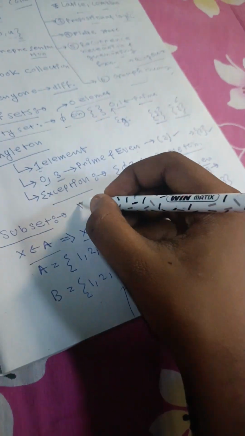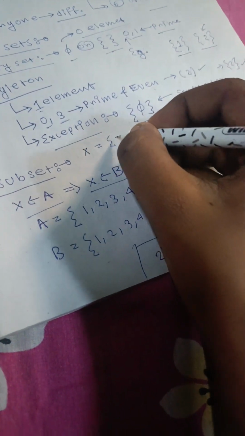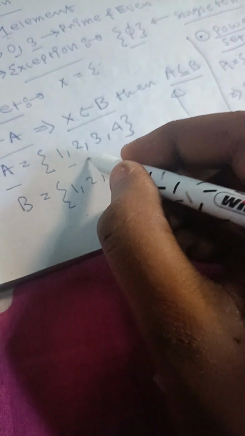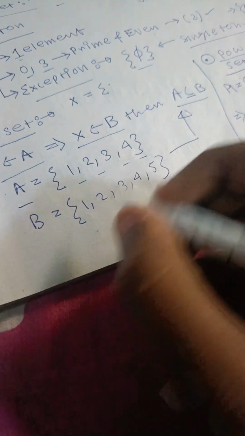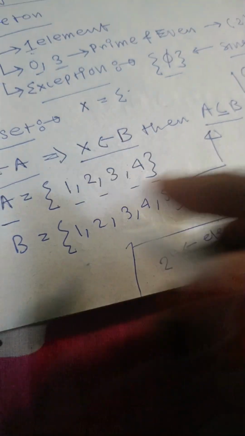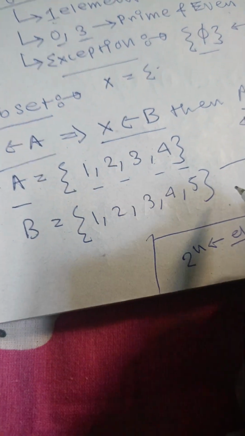What I mean is, let me write it right here, that A is 1, 2, 3, 4. In a set representation, A is a set, and it is given that A is 1, 2, 3, 4. There is B, B is given as 1, 2, 3, 4, 5.